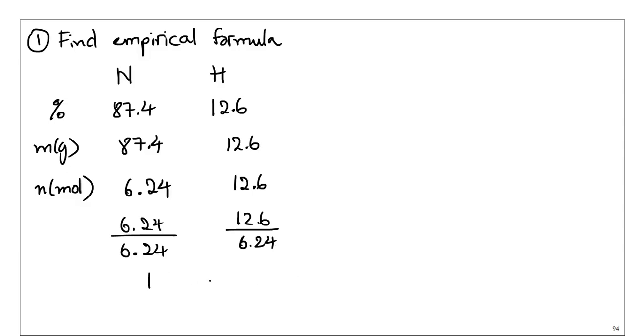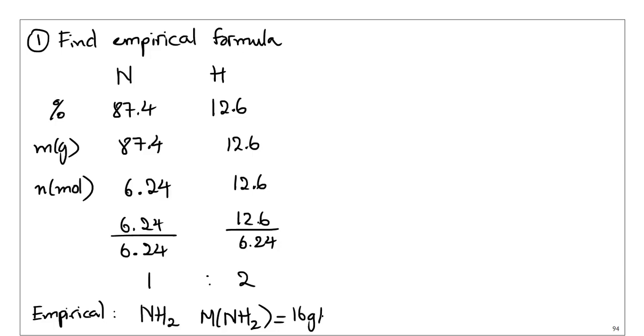But I get a 1 to 2 ratio, very close to that. So I would say the empirical formula is going to be NH2. So hopefully the molar mass for the molecular formula that I'm about to find is going to be a multiple of this. I'm just going to find right now that the molar mass of NH2 is 16 grams per mole.